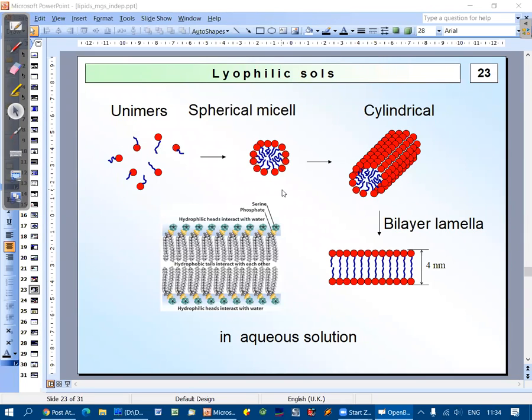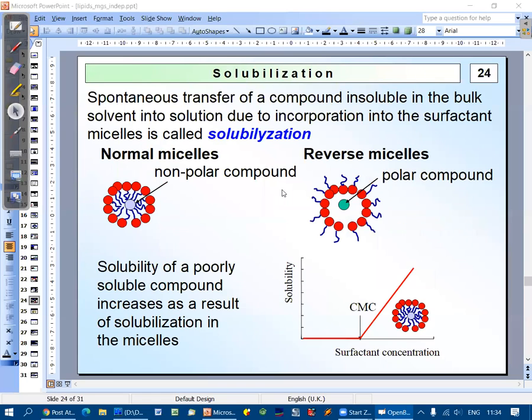In case of non-polar solvent, you will get the reverse micelle. Polar functional groups will be hidden from non-polar solvent, and non-polar tails will be directed outward.